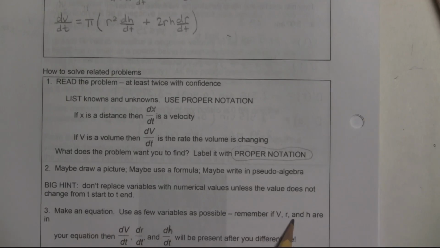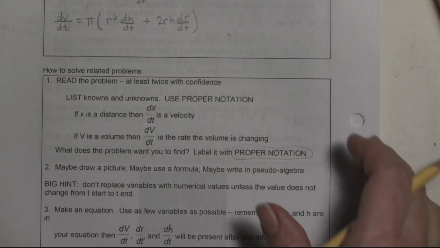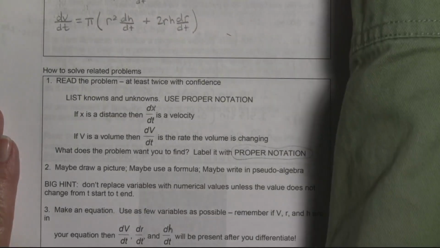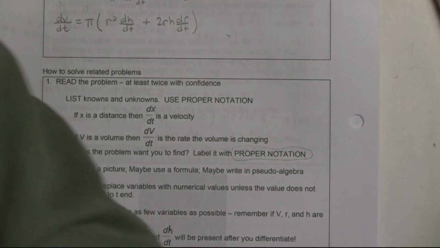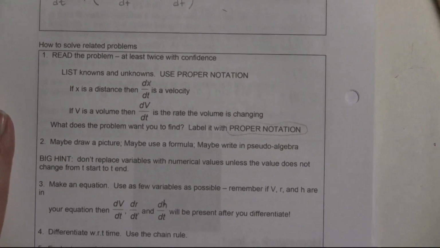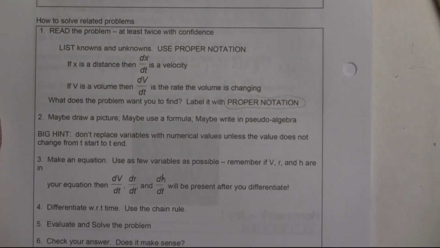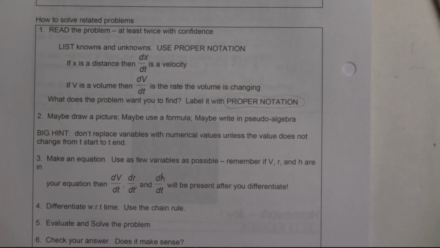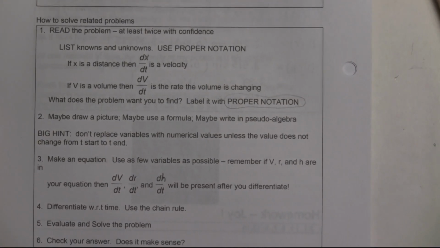Remember, if V, r, and h are in your equation, then dV dt, dr dt, and dh dt will all be present after you differentiate. If you don't know all of those things, then you don't want an equation that has all those variables in it. Then you find the derivative with respect to time using the chain rule.